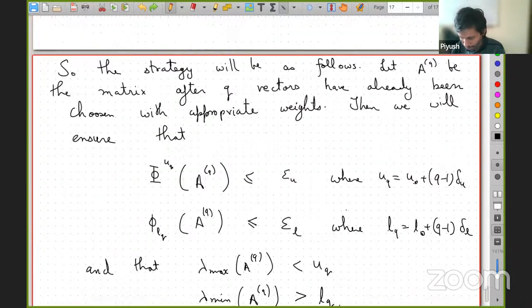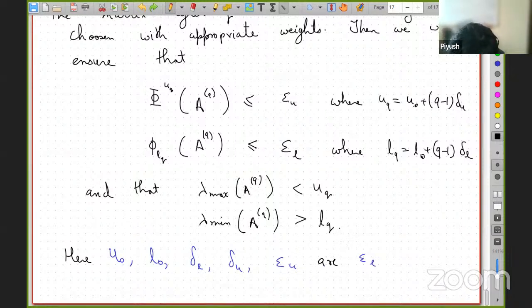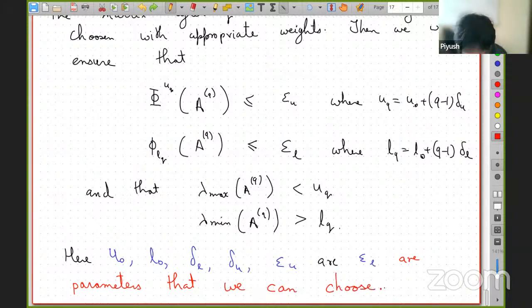Okay, so here there are many free parameters: u_0, l_0, delta_L, delta_U, epsilon_U, and epsilon_L are all free parameters that we can choose.